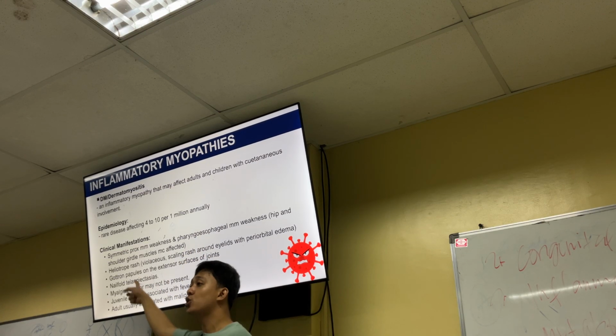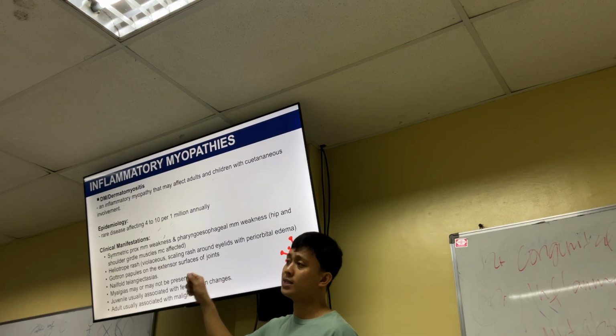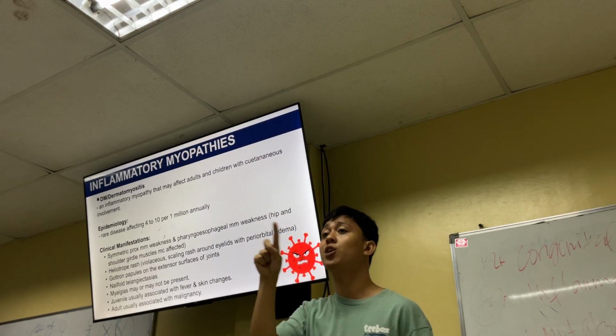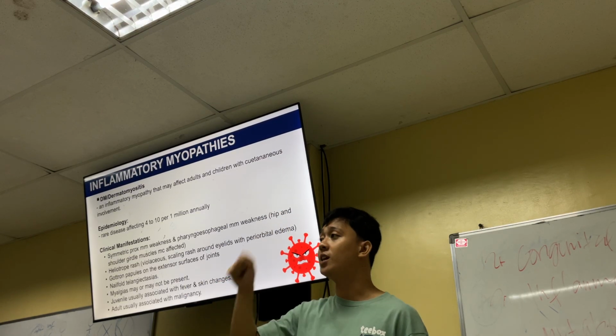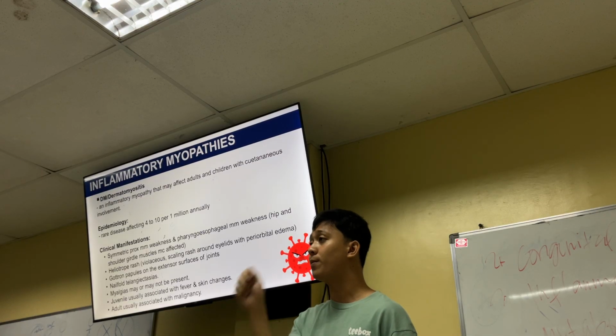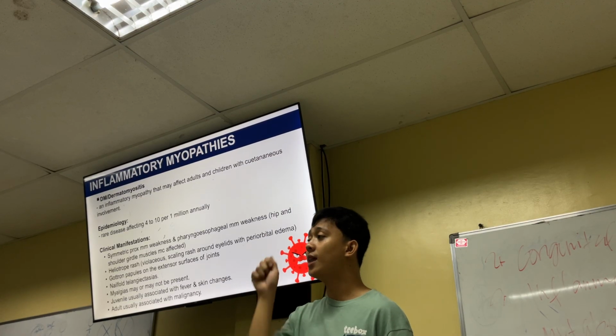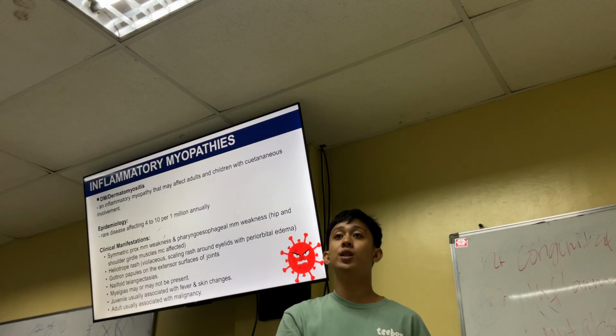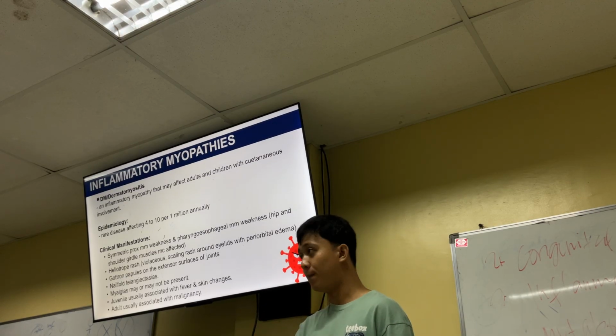So this is usually associated with cutaneous or skin affectation. Just mention dermatomyositis, derma is skin. So obviously there is inflammation, this part of the inflammatory myopathies that is related to a cutaneous or skin problem.